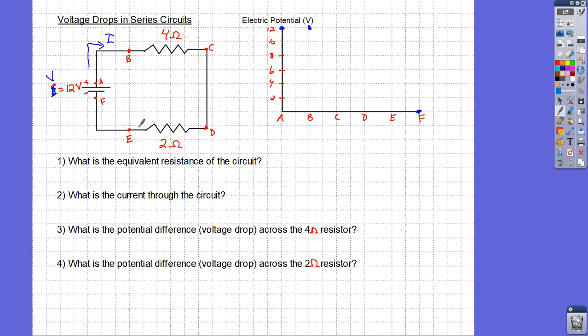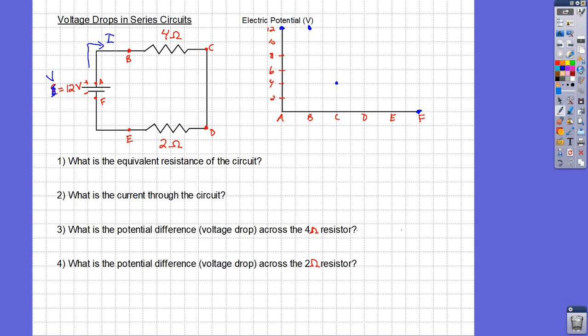So we have two drops. They have to add up to 12, and one of them is going to have to be bigger than the other. As a matter of fact, it's going to be twice as big. It's going to be proportional. I'll show you how to get there with more than just reasoning. So two drops that add up to 12, one of them twice as big as the other. So going from B to C, we're going to drop by 8.